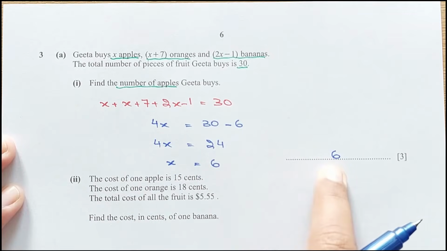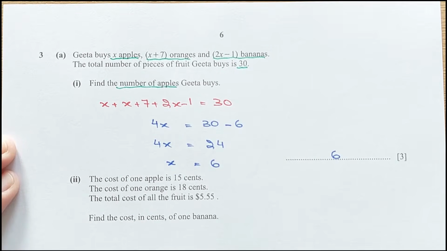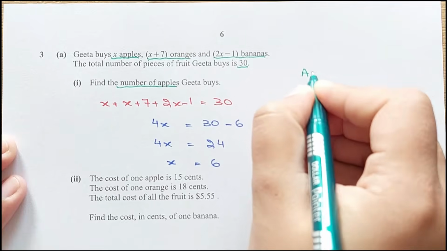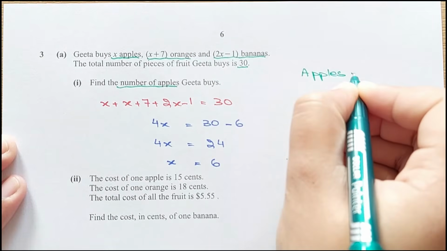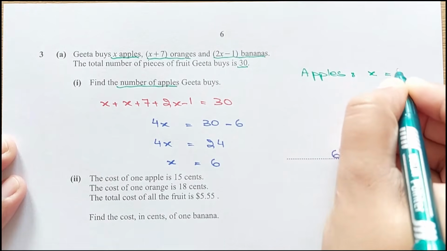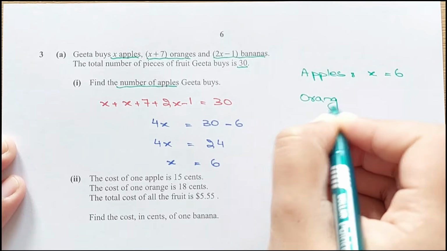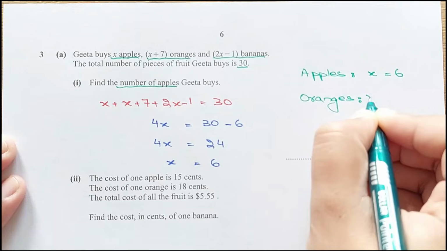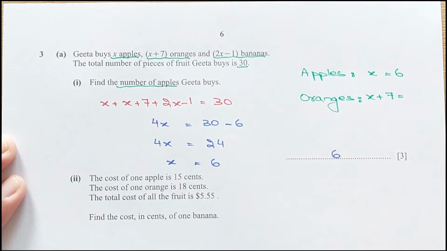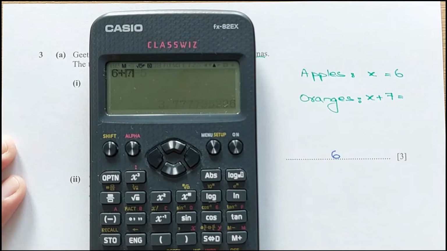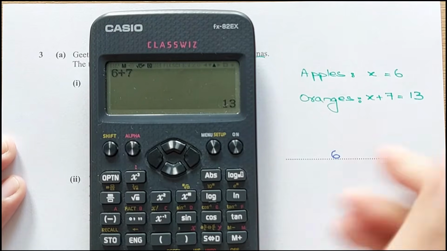So the number of apples is 6, right? So if X is 6, apples are X, that is 6. And oranges. How many oranges? Oranges are X plus 7, that is 6 plus 7, that is 13. 13 oranges.